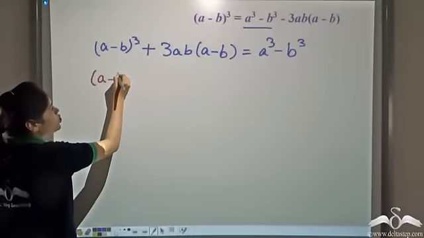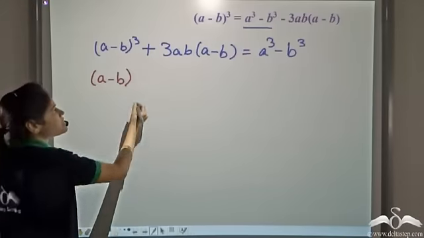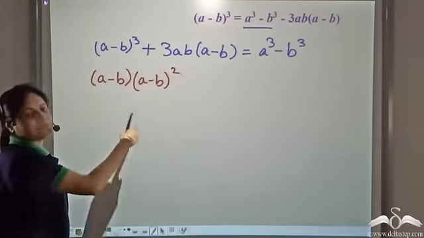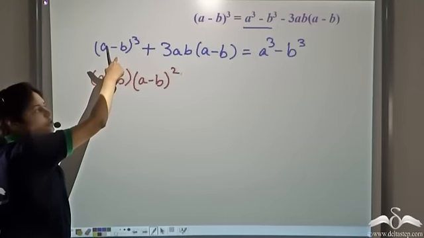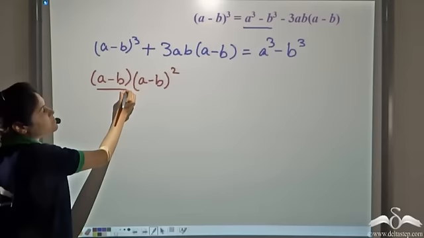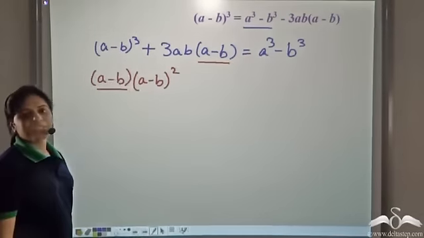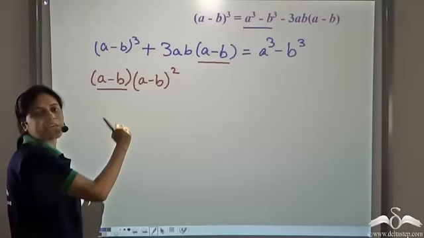Now notice that a minus b whole cube is a minus b into a minus b whole square. This gives us a minus b whole cube. So a minus b is multiplied with this. Here a minus b is multiplied with 3ab.